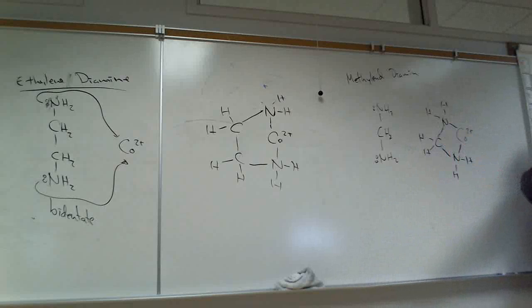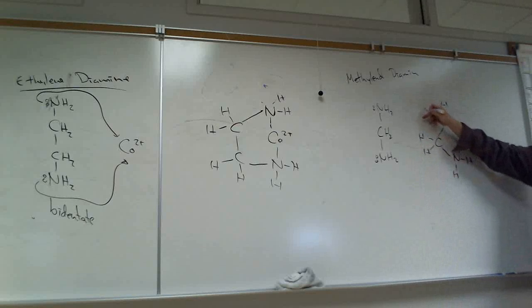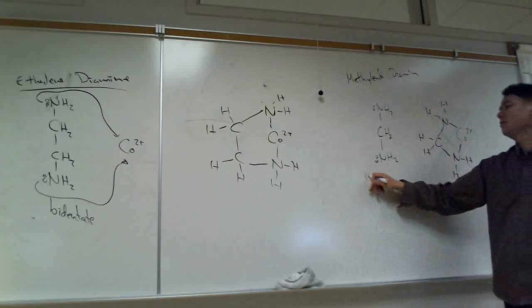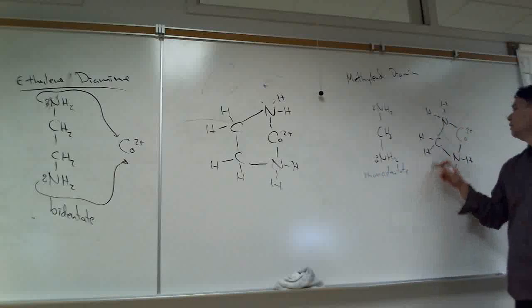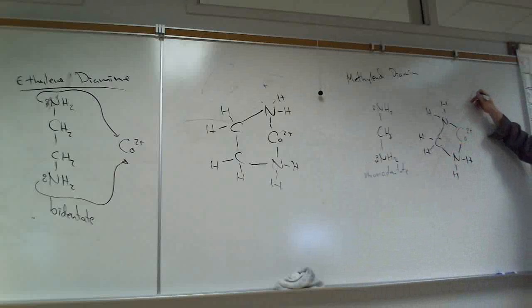But are we getting good orbital overlap? No. When you compress the angle to 90, we're going to have a very weak bond. And so it turns out it doesn't do a bidentate. This turns out to be a monodentate because of this.